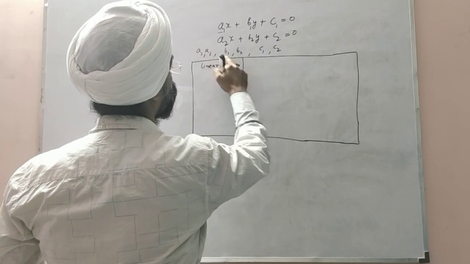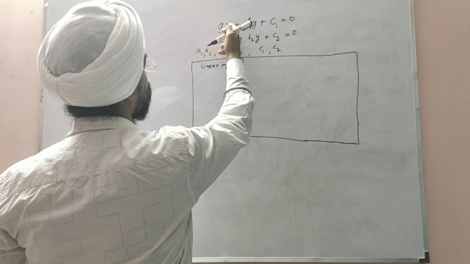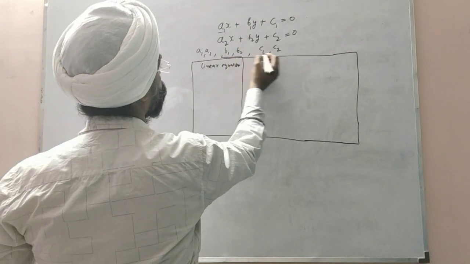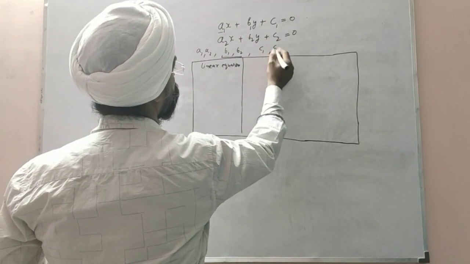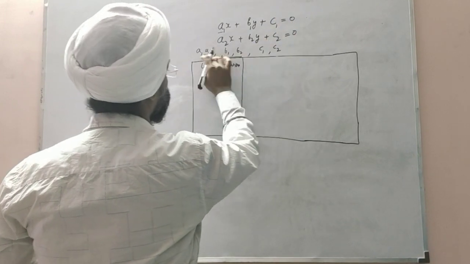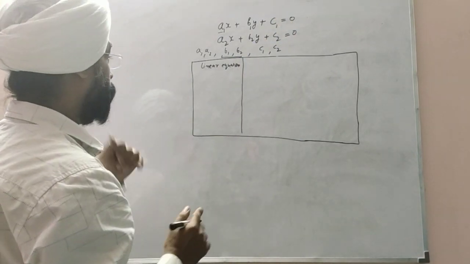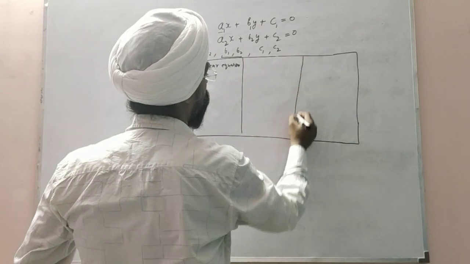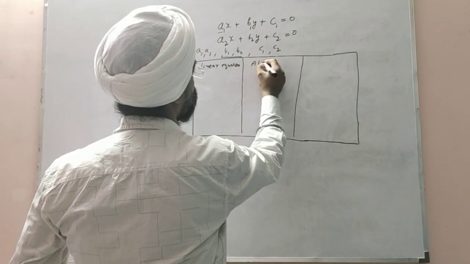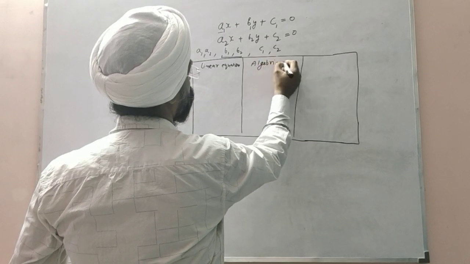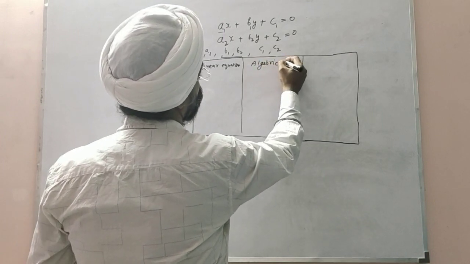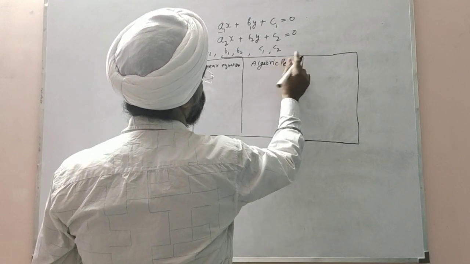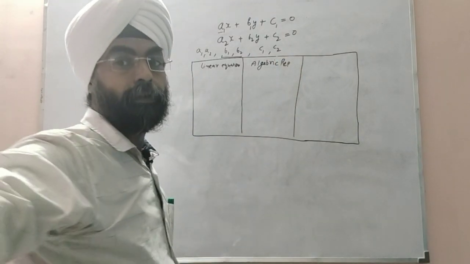They are all coefficients of x and y respectively, and these are the constant terms: a1, a2, b1, b2 and c1, c2. What is the algebraic representation, or you can say the graphical representation?